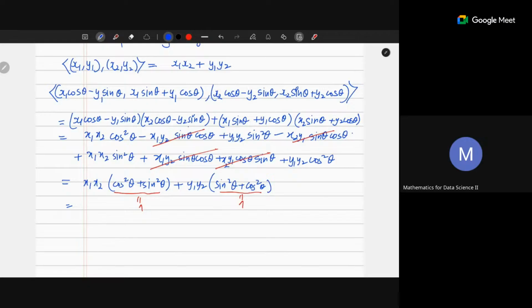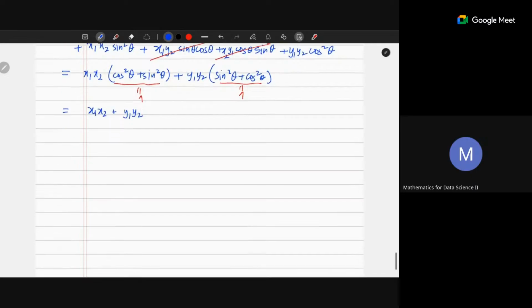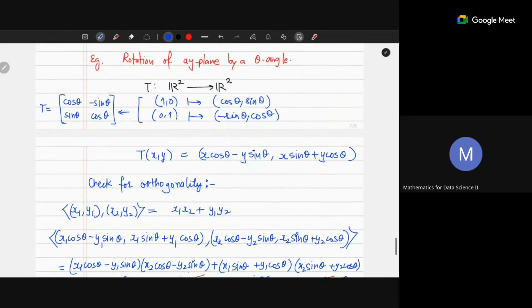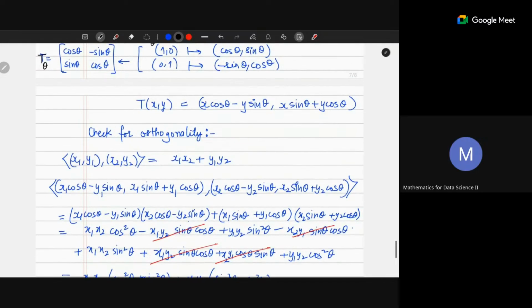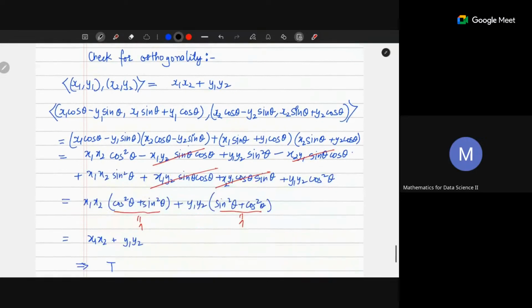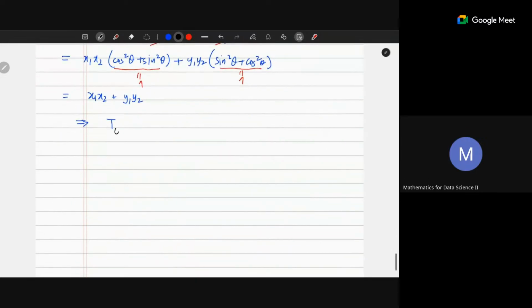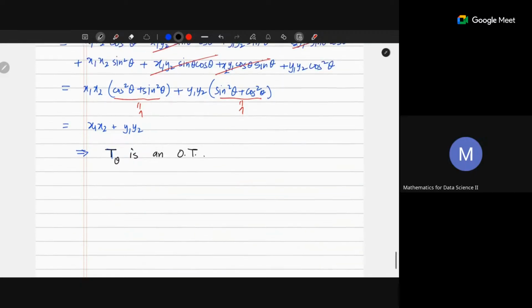So we have proved that it is an orthogonal transformation. Let me call this map T theta. T theta is an orthogonal transformation.